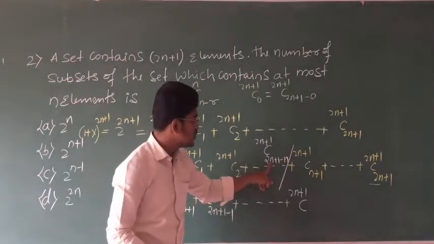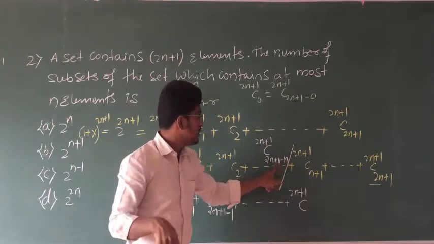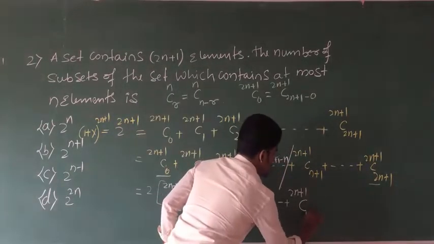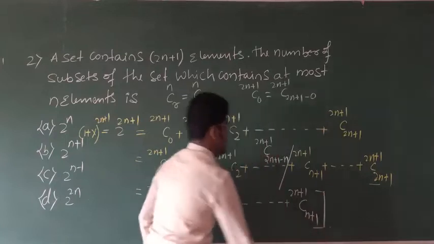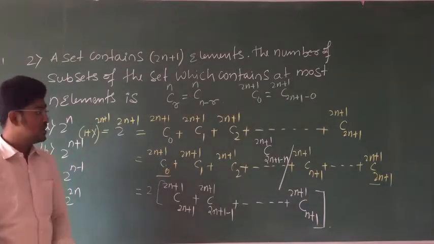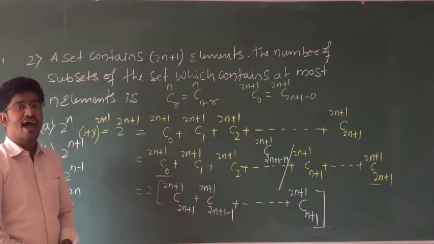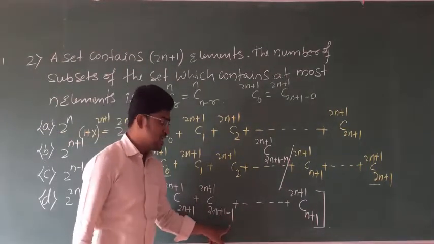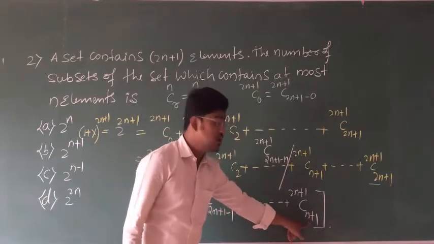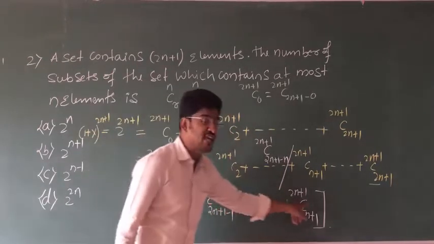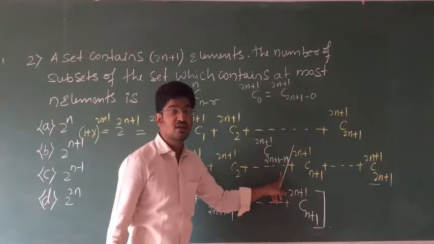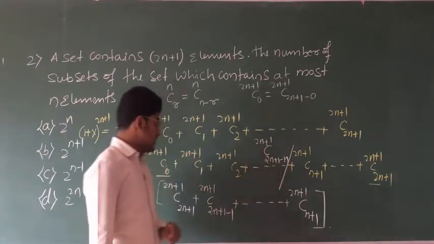Clear? That means 2n minus n is n, plus 1, so this term is going to be n plus 1. Are you getting my point? So now here I have 2n plus 1, 2n plus 1 minus 1, so on to n plus 1. So these are 2 times of what? This particular set of elements. Clear? Okay, no problem.